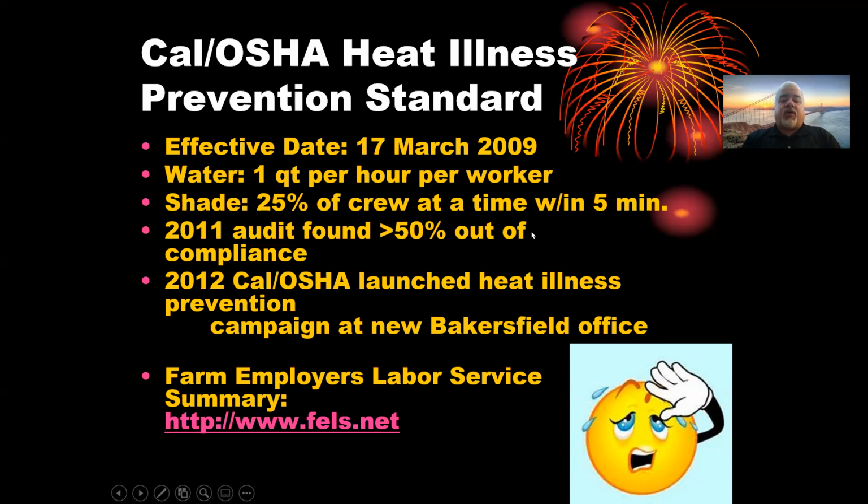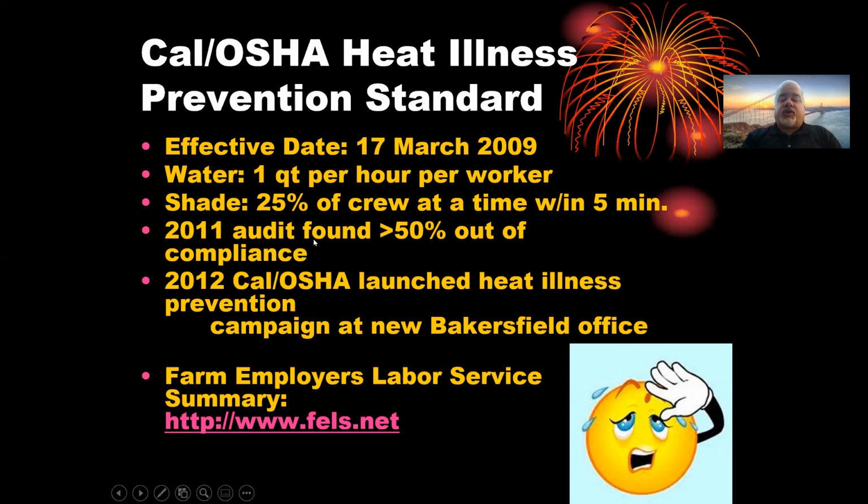Shade for 25% of the crew at a time within a 5-minute walk of their work area. That one was part of the very difficult things to impose in some ranches. When it takes, for some very large blocks, 6 minutes to get to the center of the field, how can you provide 5-minute shade? Well, OSHA would say break the block up, put a road down the middle of it, lose a little bit of acreage, but make a smaller block.